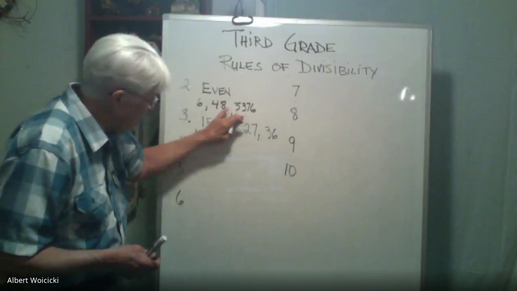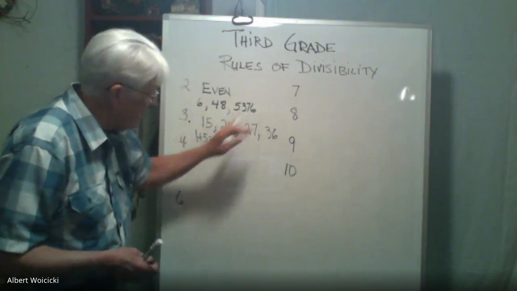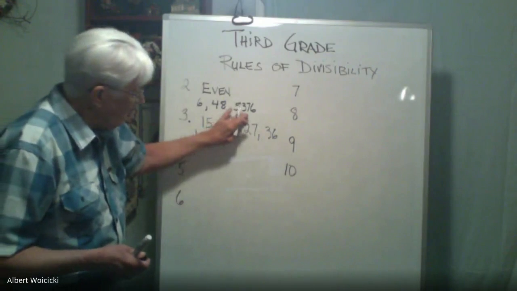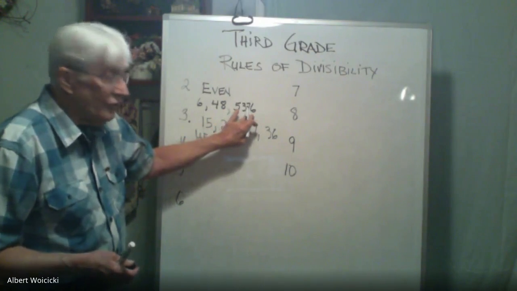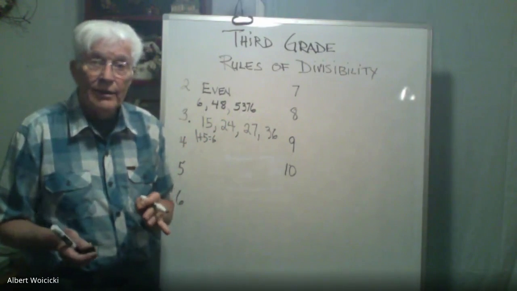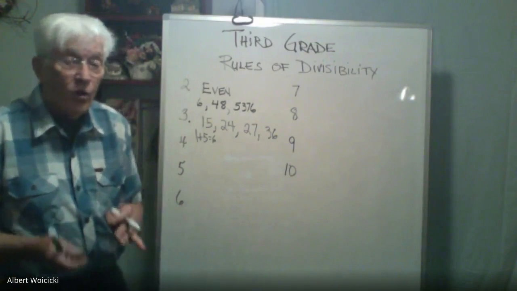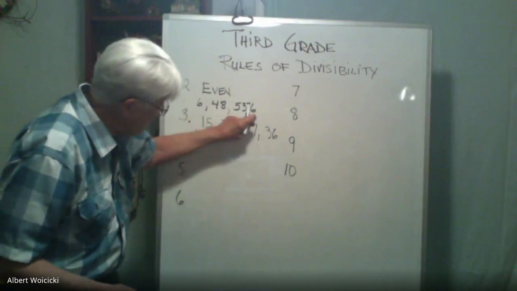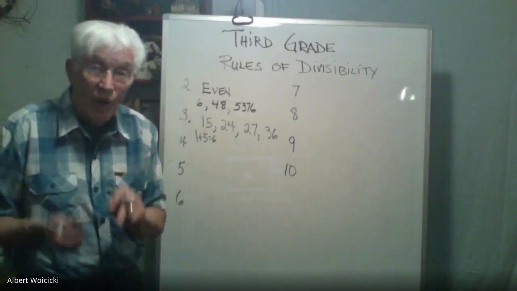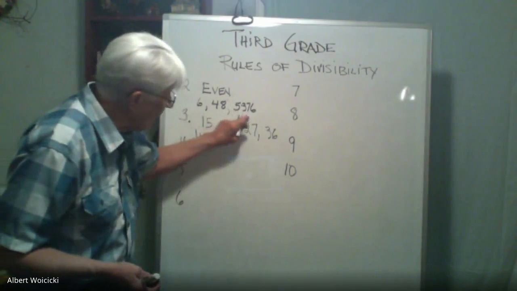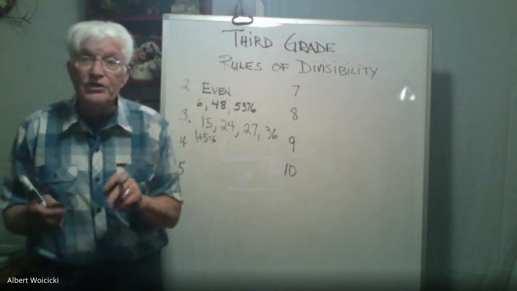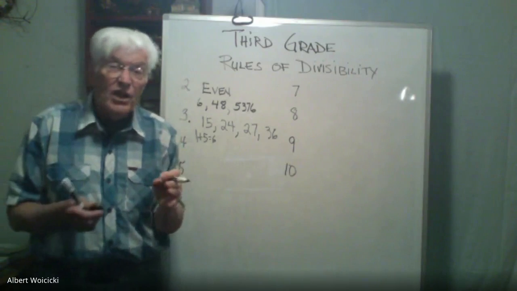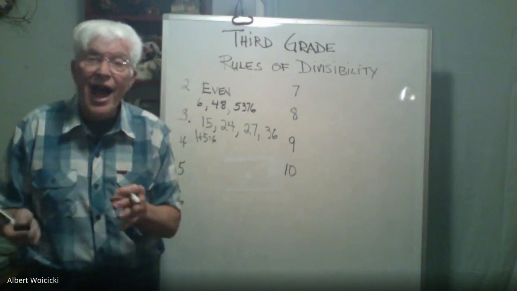So this number right here, 5376: 5 and 3 is 8, and 13, and 21. I know that this number is divisible by 3 as well because the sum of the digits is 21, and 3 goes into 21 7 times.